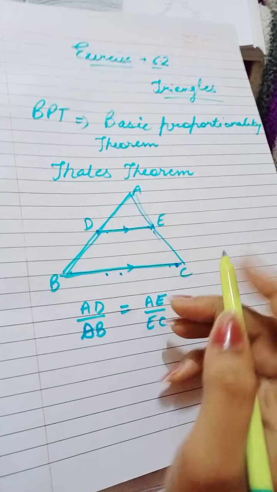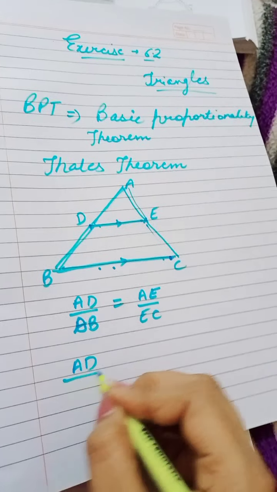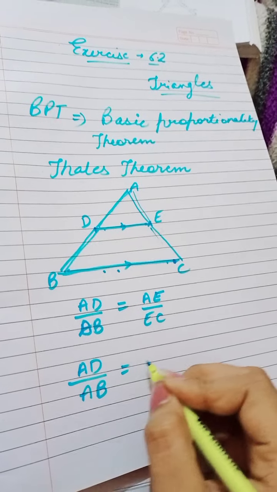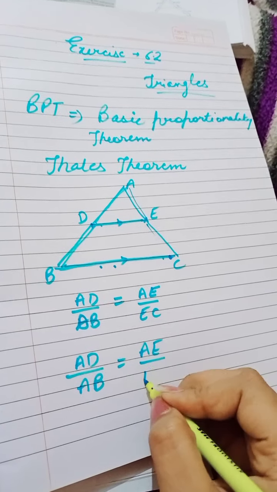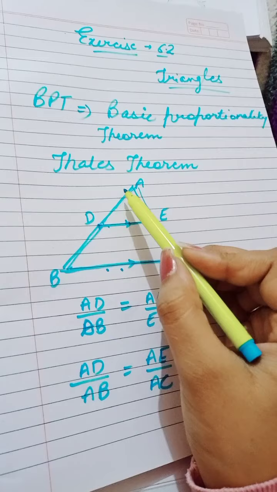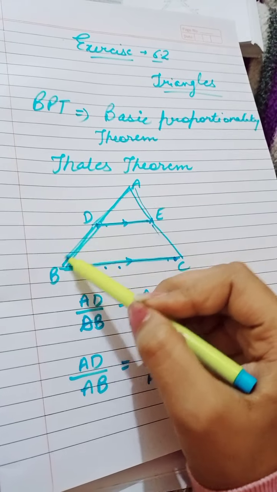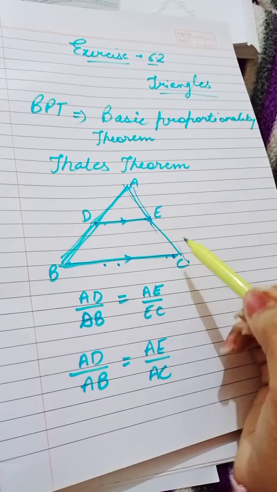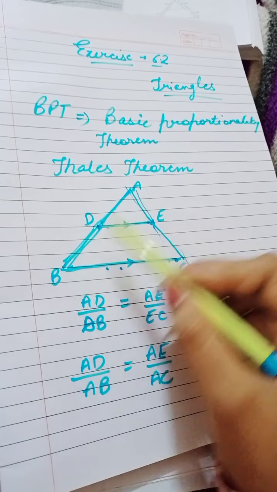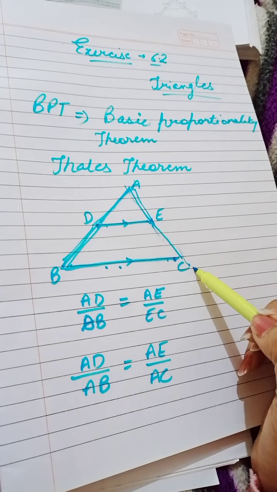First thing is this. Second, AD upon AB would be equal to AE upon AC.